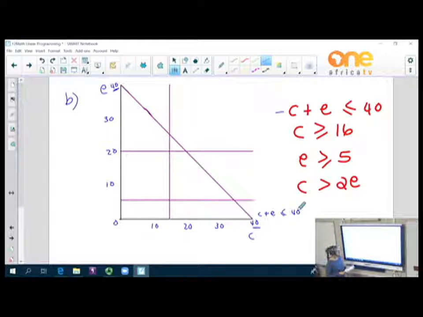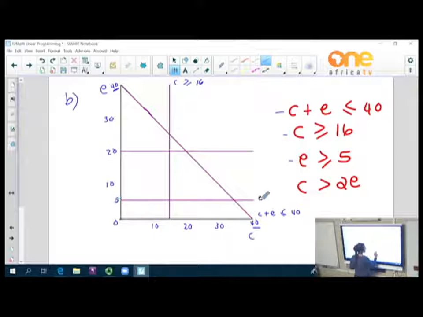Then we have C is more than or equal to 16. That's the line. Then we have E is more than or equal to 5. Here is 5. So E is this line.